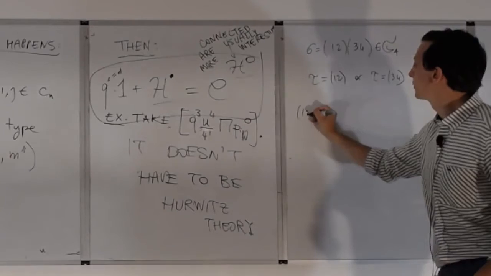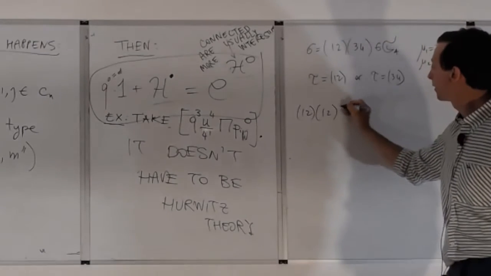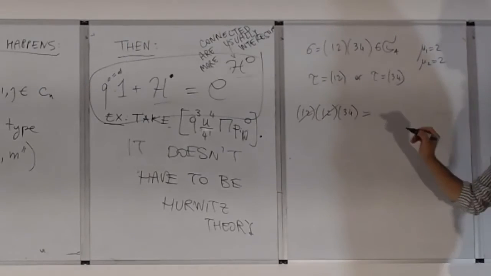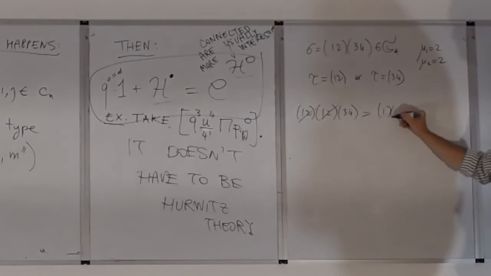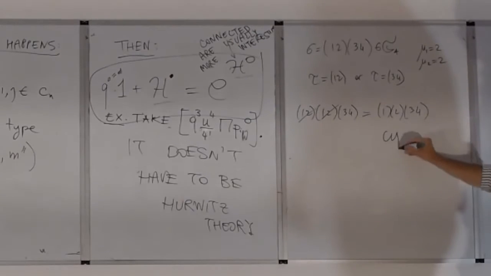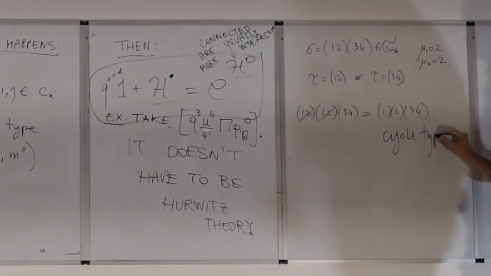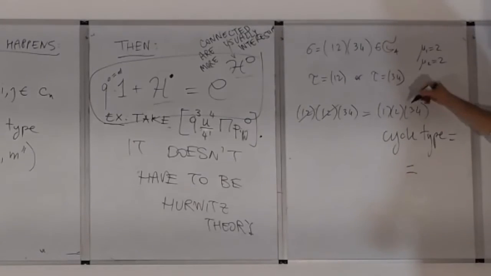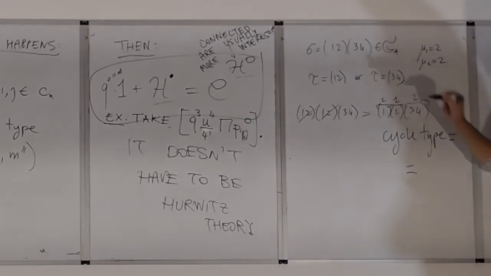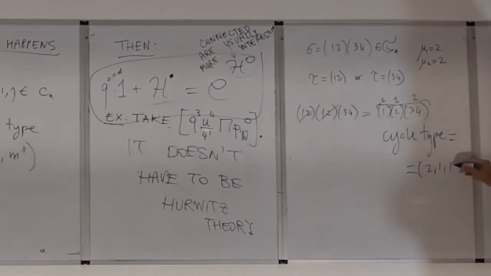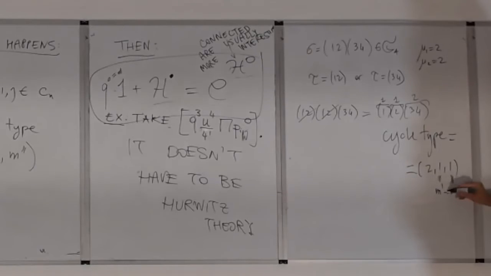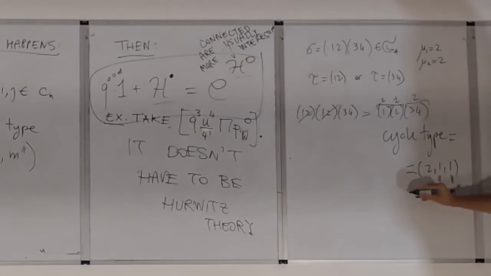If I take (1 2) and multiply it by (1 2 3 4), I get, of course, the inverse of the other, so they cancel out, and I have just (1 2 3 4). So at the end of the day, the cycle type is 2, 1, 1. This is m', and this is m''. If I sum them up, I get 2, which is mu_2.